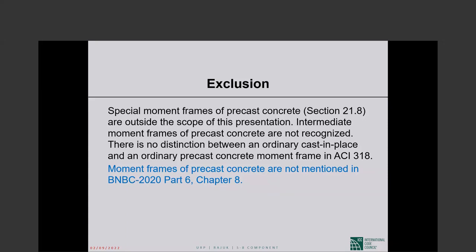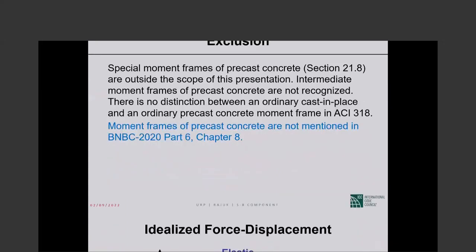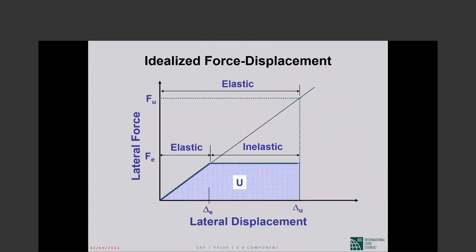Yes, precast moment frames are not mentioned. At the same time, it does not mean that you cannot do it. You should be able to do it by ACI 318 requirements if you choose to. Okay. At the same time, I will not talk about precast in this presentation.